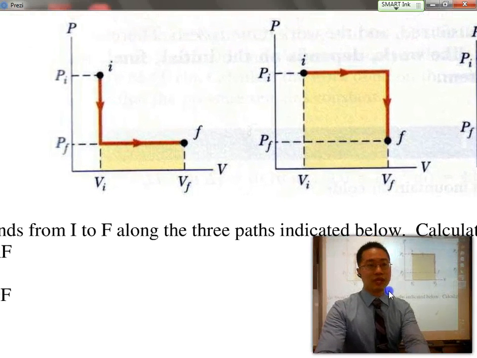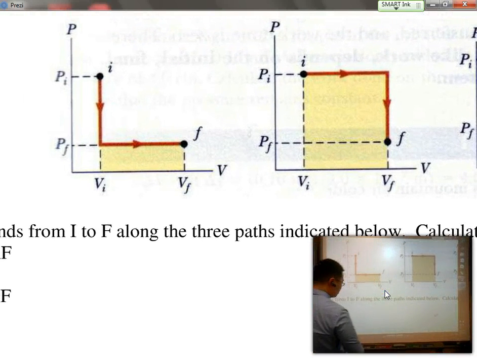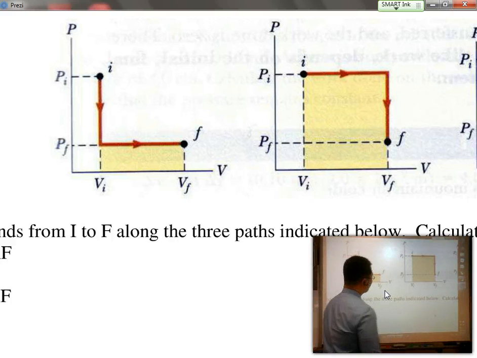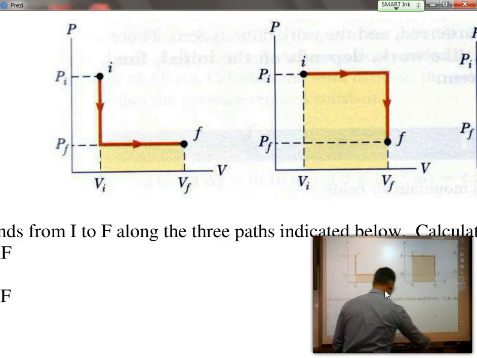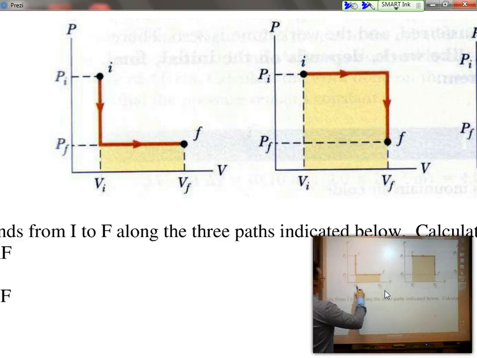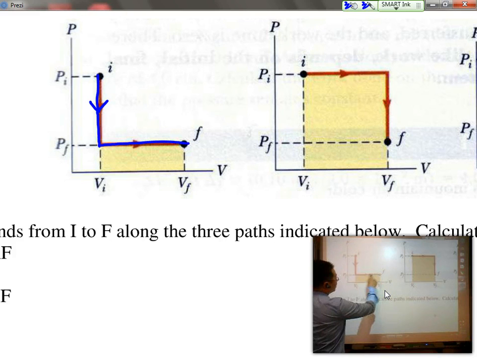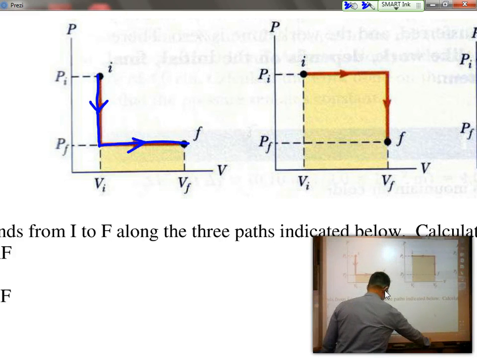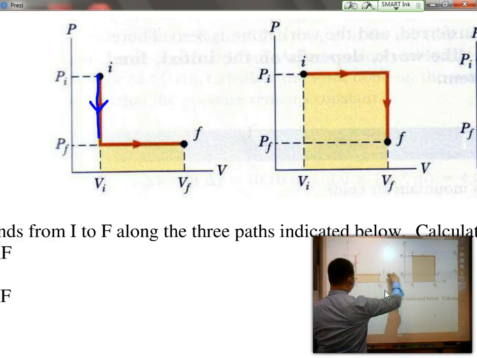Okay. So taking a look at this first example on the left-hand side, we have two steps to this gas process. We have a gas that's decreasing in pressure while the volume stays the same, and then the pressure stays the same while the volume is increasing. Okay, those are very specific names, and we'll get to them later.